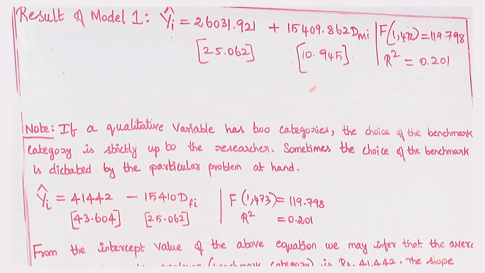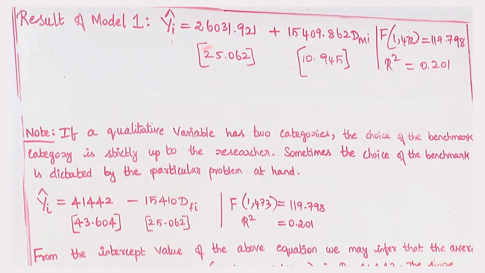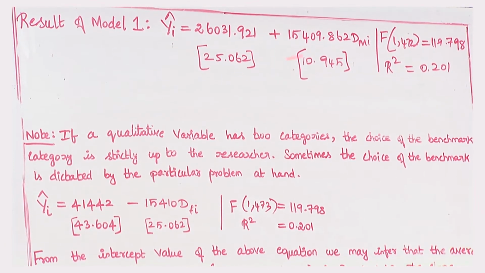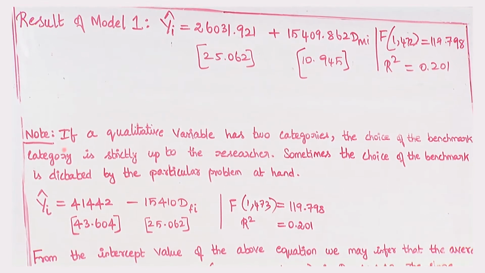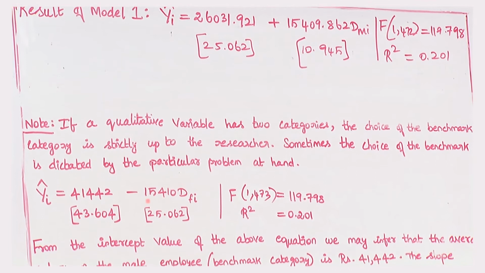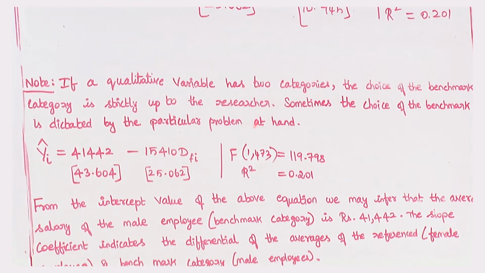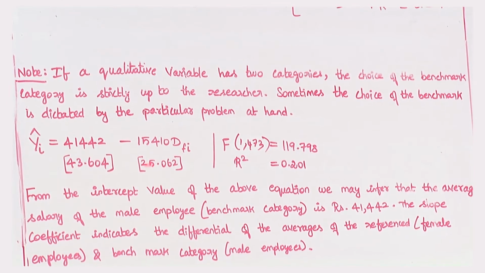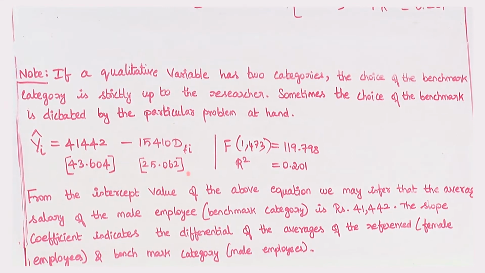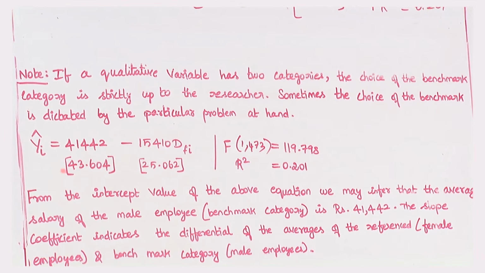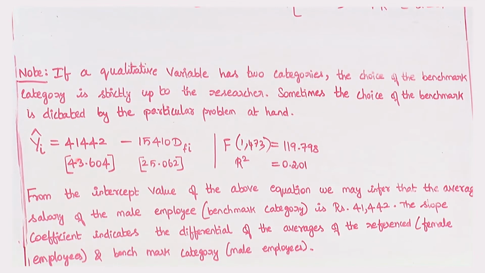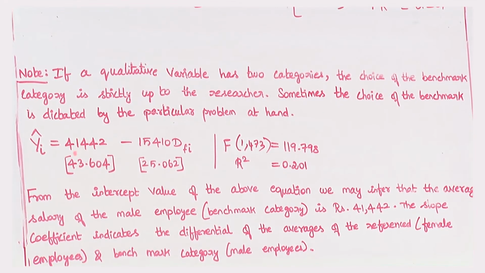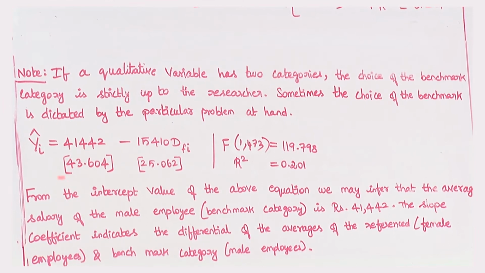From the estimates we can see these values, and we can have another model also. We can include the female dummy instead of male dummy, and that regression can also be run. In this case, the base category is the male.